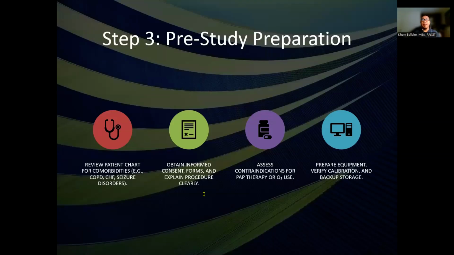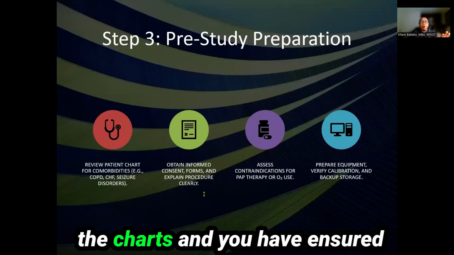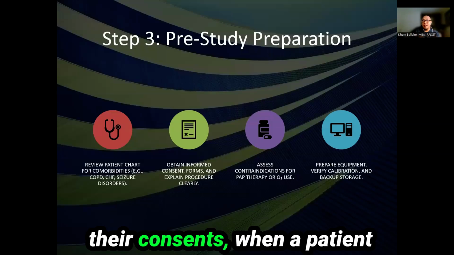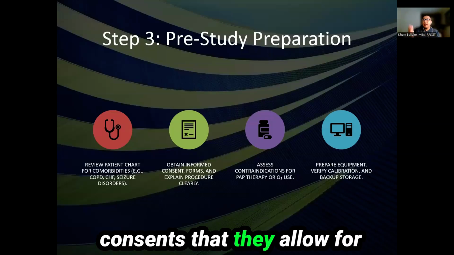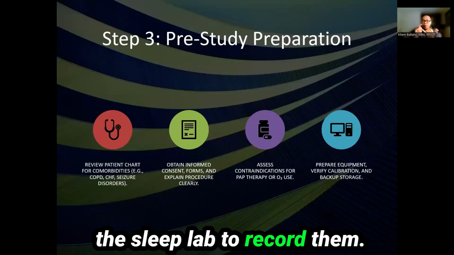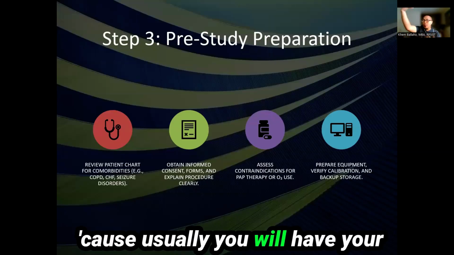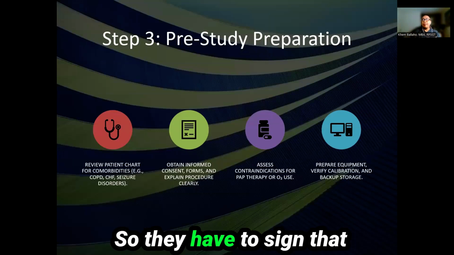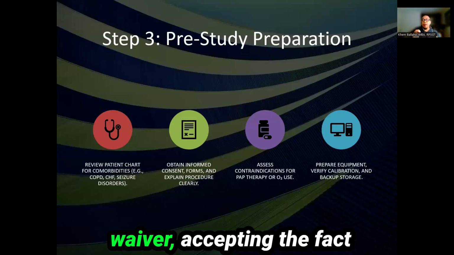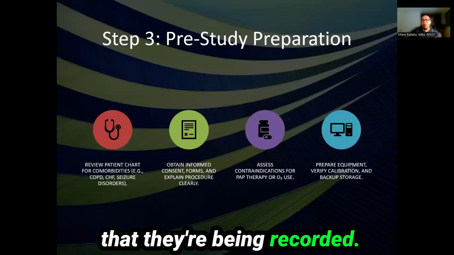All right. So now that you have reviewed the charts and ensured that the patient already signed their consents: when a patient goes to a sleep lab, they sign consents that allow the sleep lab to record them. Because usually you will have audio and visual recording, correct? So they have to sign that waiver, accepting the fact that they're being recorded.